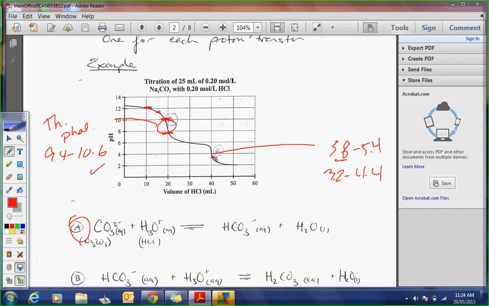Okay, do you understand how to choose indicators for their colors? Did you note that the indicator color is there? So let's say we chose methyl orange to be our indicator for B. Craig, is that your phone that you're playing with or something else? Okay, good. What color would it change in our solution? Red to yellow. Are you sure it's red to yellow, not yellow to red?